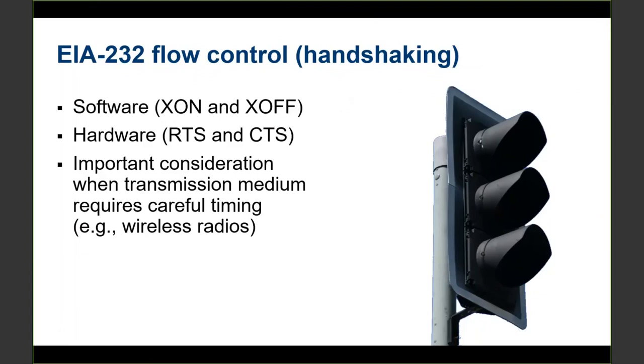The timing can be very, very important to consider in a half duplex scenario, because how those devices turn their transmitters on and off really needs to happen at the right moment in time. Otherwise, you can miss characters in a message, and then you haven't preserved the data integrity and failed your communications.